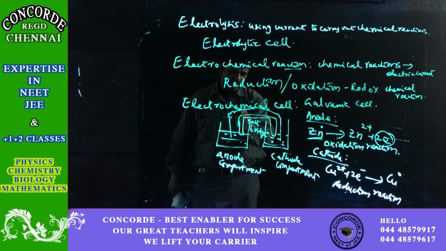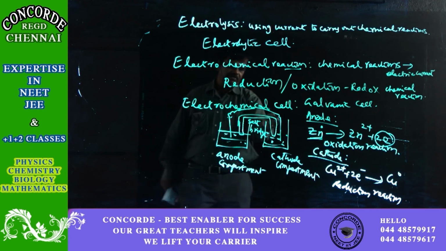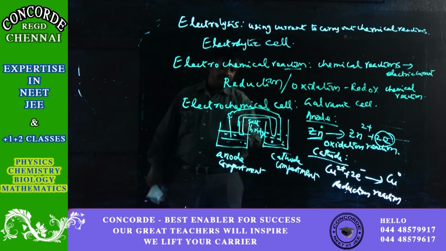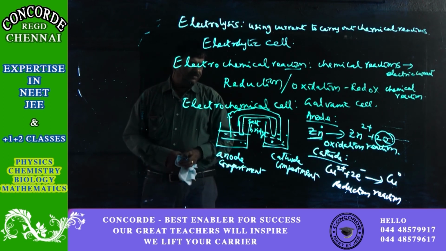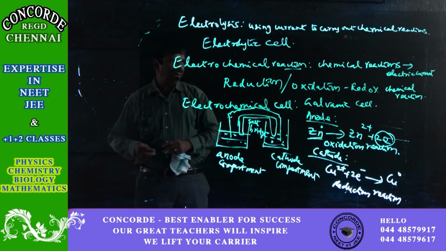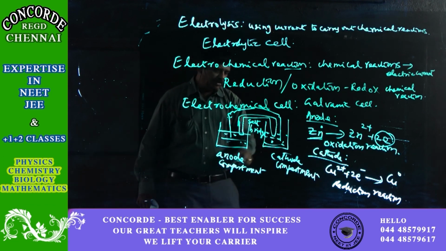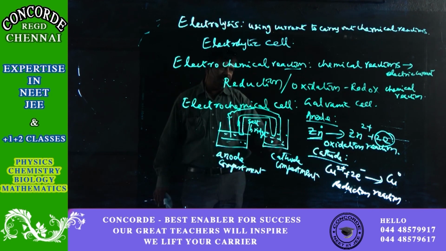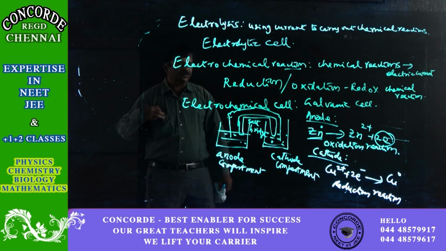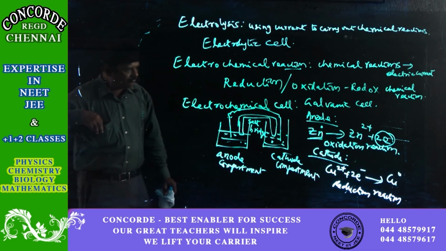Are you able to understand? The current is in the opposite direction of the electrons. This is how a typical galvanic cell converts chemical reaction to electric current. So there are two compartments, anode and cathode, one having an oxidation reaction and the other a reduction reaction, so the whole reaction is a redox reaction. During this process electrons go from left to right, and so current goes from right to left.